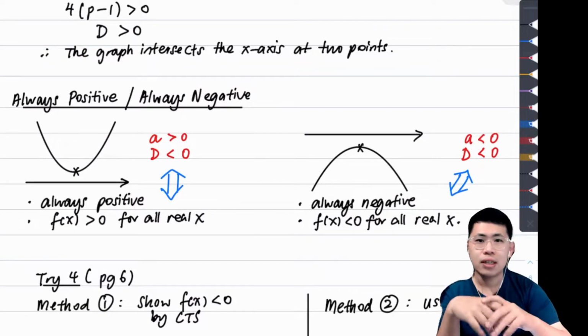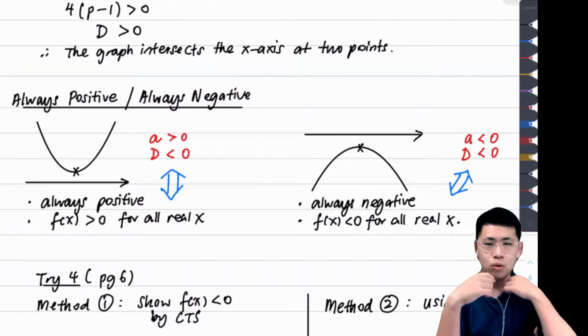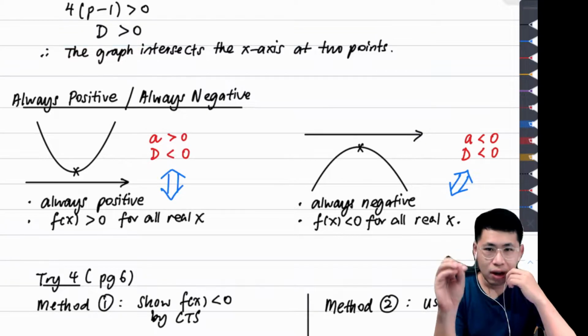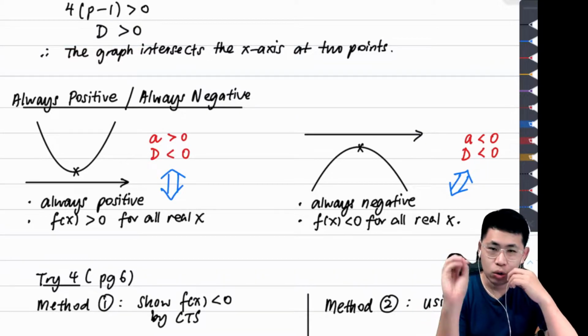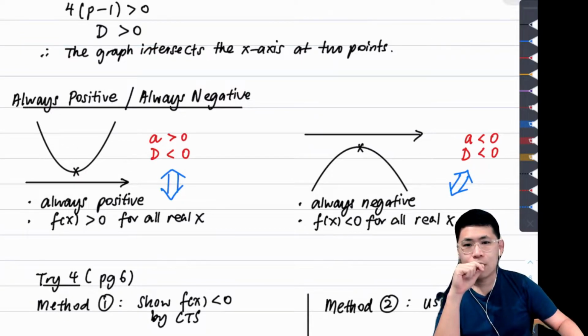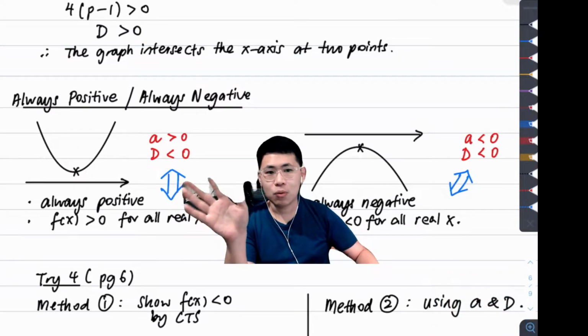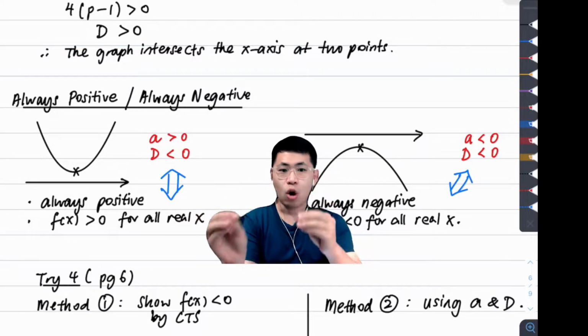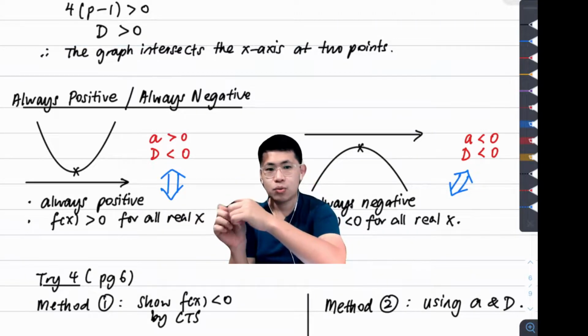The first thing that we have would be to look at where the graph is always positive or where the quadratic graph is always negative. So here we have two cases. Case number one is where the graph is always positive, right? You can see the description over here.